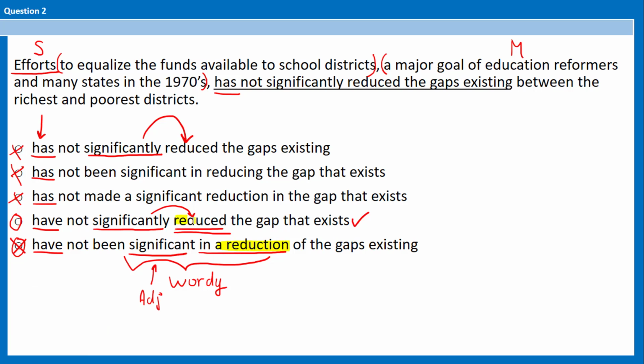So reduced is a verbal form. A reduction is a noun. And you'll notice that in general, the structures that use verbs are shorter, more concise than those that use nouns. Okay? So eliminate the last one. The best choice is number 4.